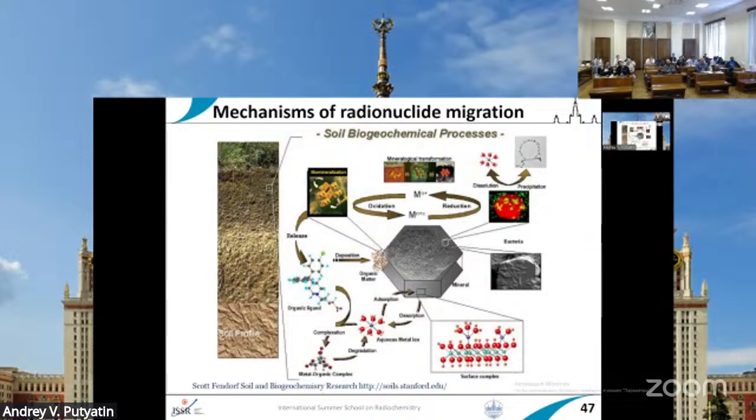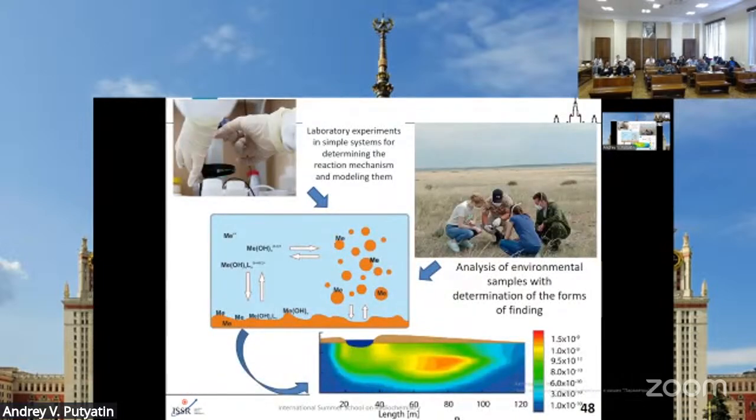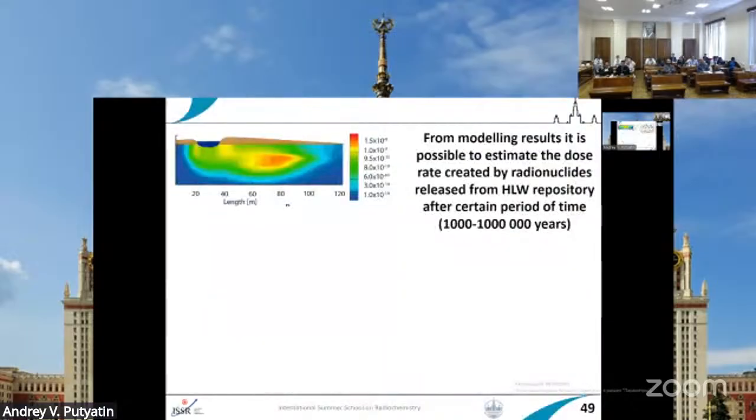These chemical reactions control the radionuclide migration. So with the known thermodynamic parameters of all these reactions, as I mentioned yesterday, we can build a model to predict the radionuclide release into the environment and to calculate the dose rate for the population from these radionuclides after 1,000, 100,000 years, what we would like to know. So with this model, we can build this forecast.